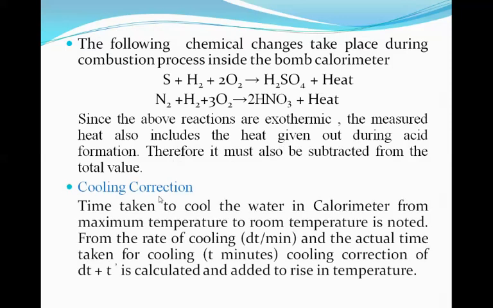Then cooling correction. Cooling correction is based on the time taken to cool the water in the calorimeter from maximum temperature to room temperature, and it is noted from the rate of cooling, that is dt per minute, and the actual time taken for cooling, that is t minutes. Cooling correction of dt times t is calculated and added to the rise in temperature.